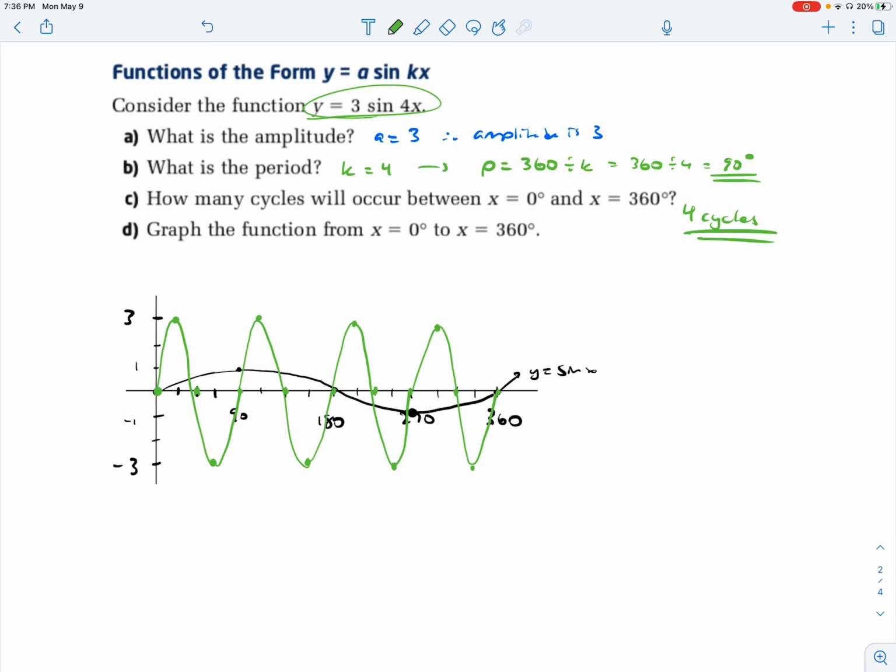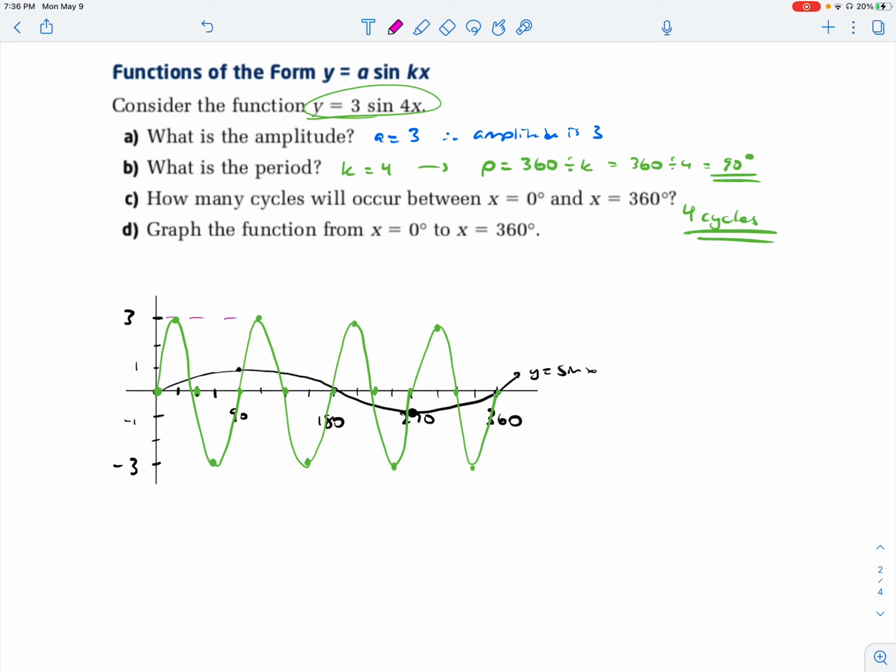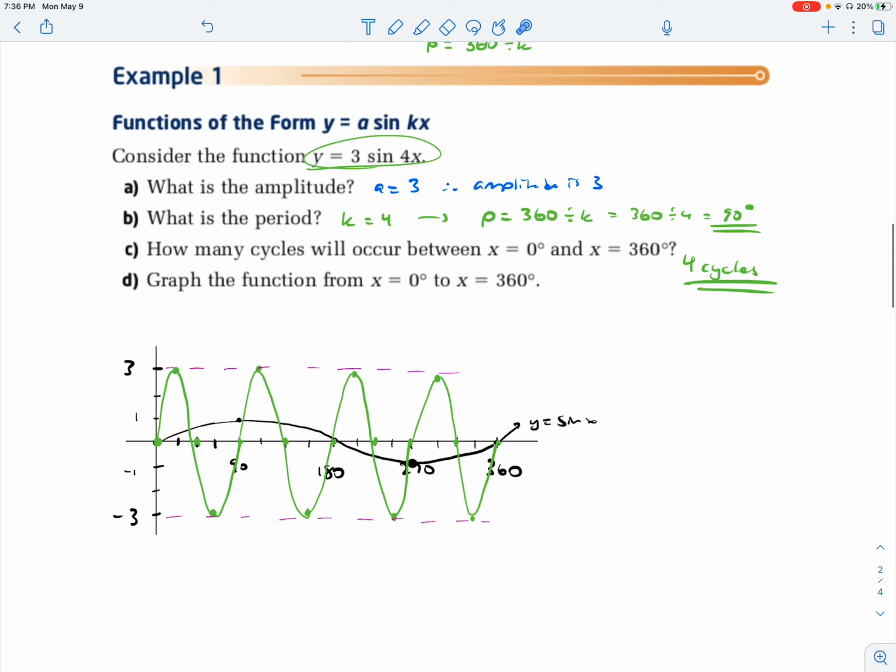And they all have an amplitude of 3. If it helps you, you can draw some nice dashed lines through here to show your maximum and minimum. So this first example shows us how to handle the 2 parameters, the amplitude and changing the period.